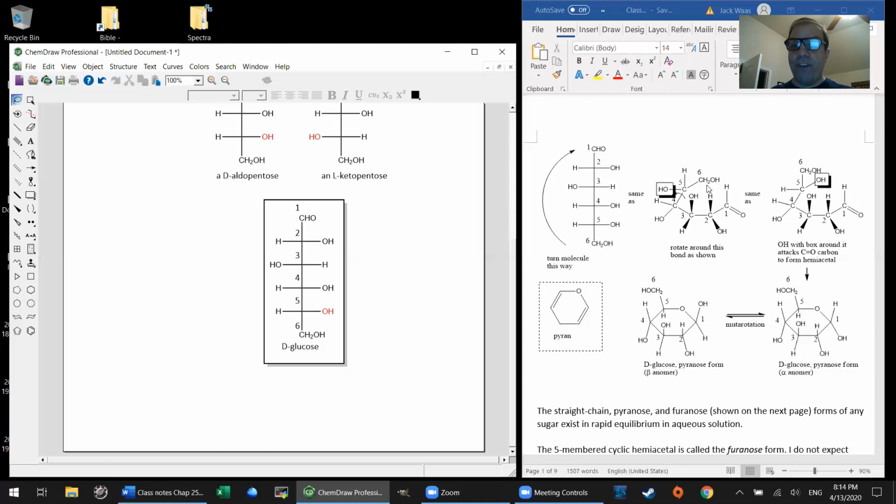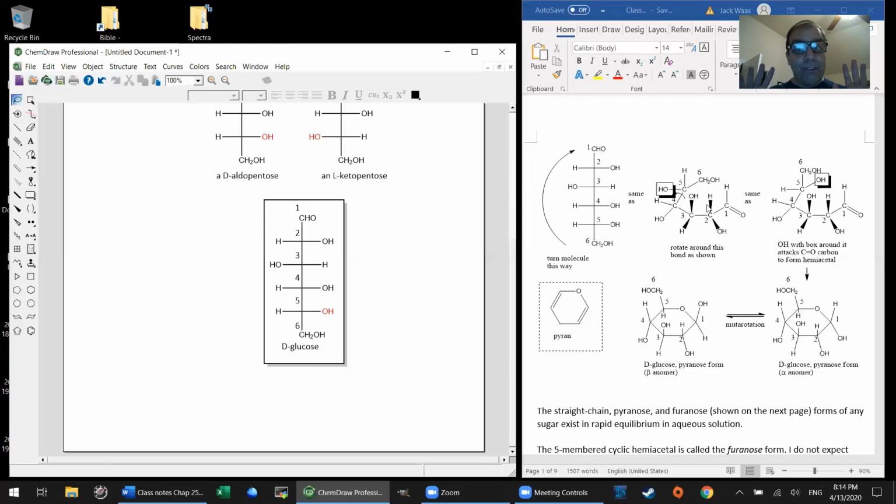I've redrawn all of the carbons here, and I've shown you which bond to rotate around. We tip the molecule this way for starters, and I'm taking you through that here. I will tell you that as far as I can tell, I can't find any necessary relationship between left and right here and up and down on this structure.